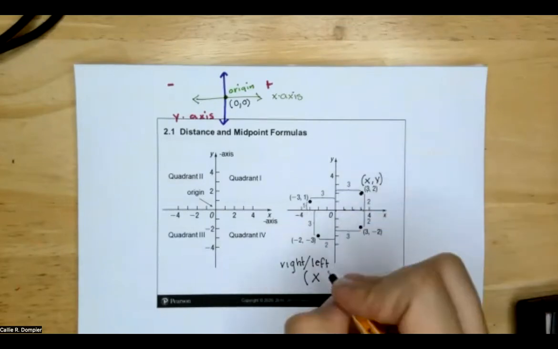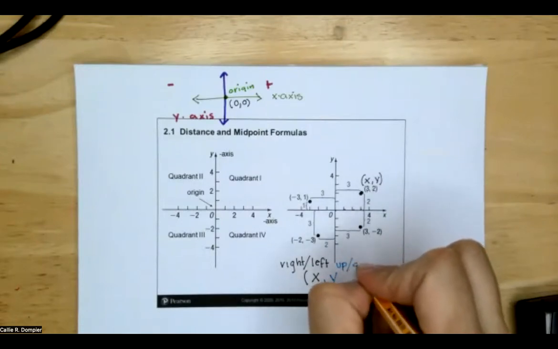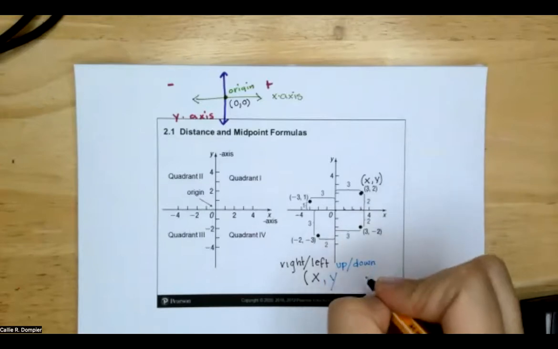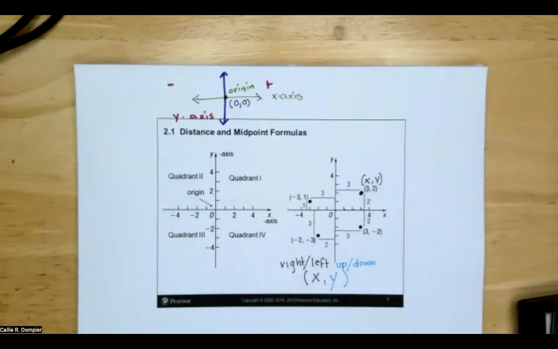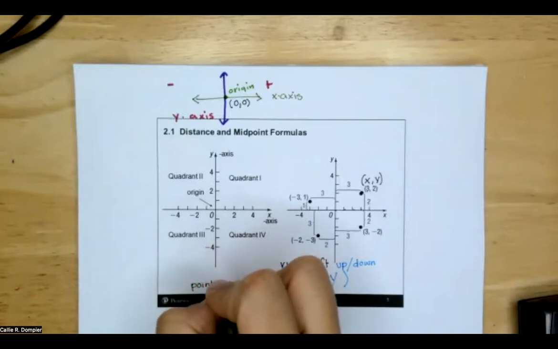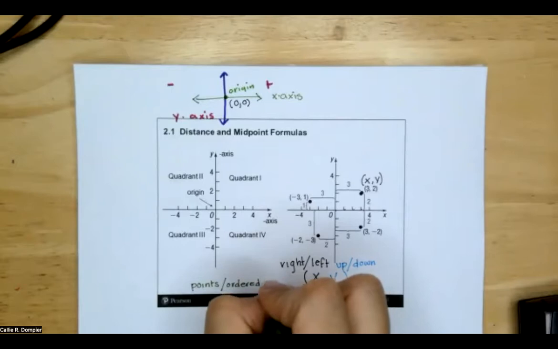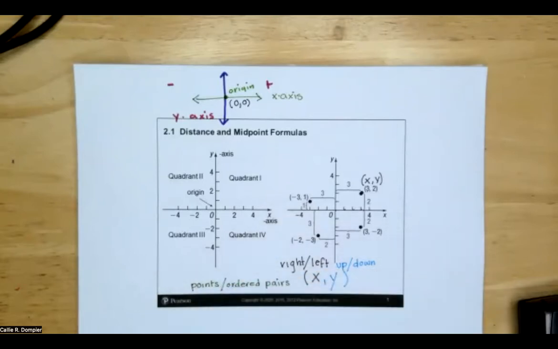And then you have your y value, which is going to go up or down. They are called points, ordered pairs, or coordinate points. They're just directions, okay?